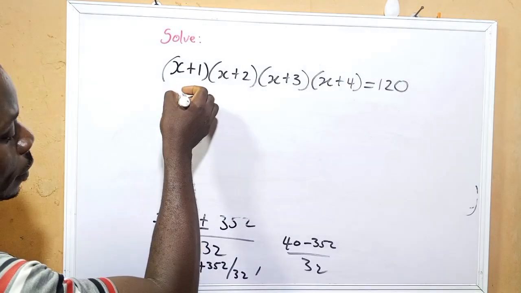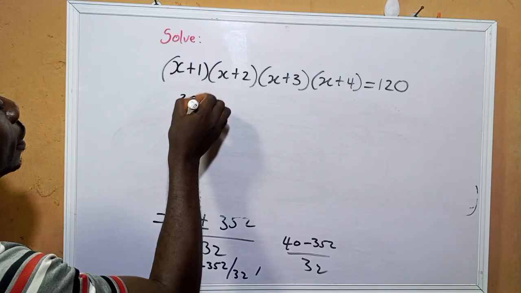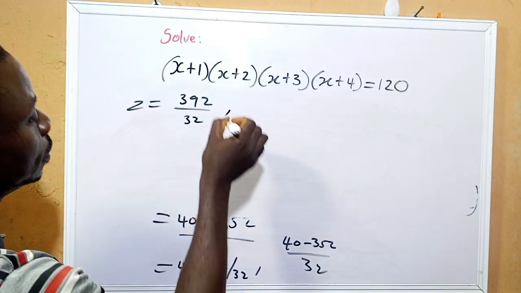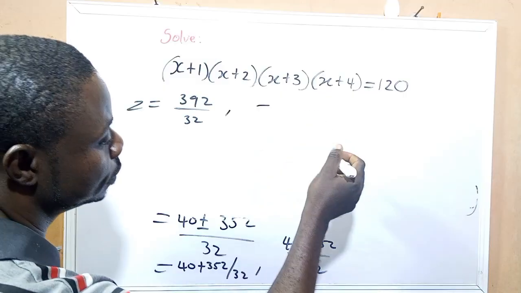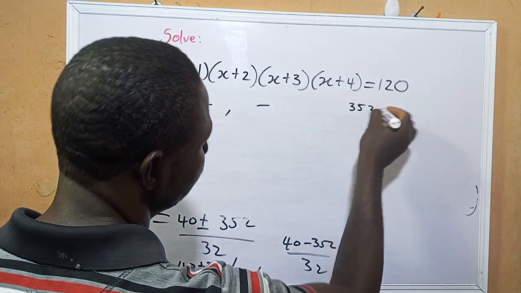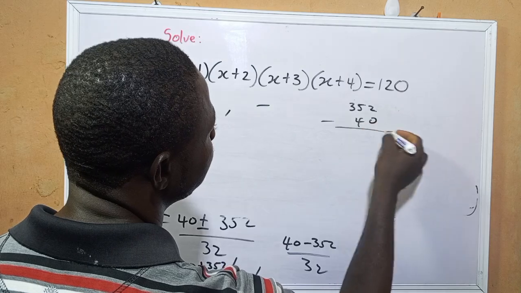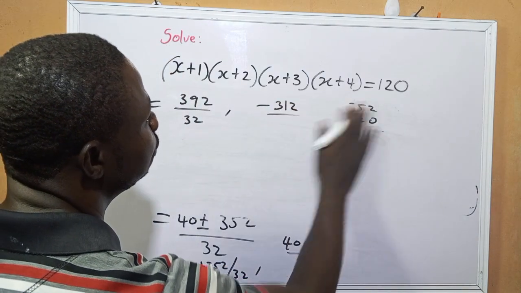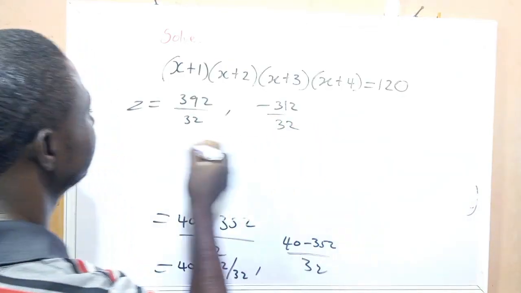So z is equal to 392 over 32, and at the same time minus 312 over 32.